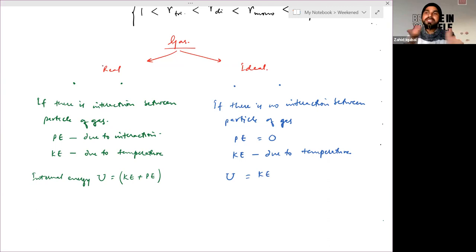If separation between particles increases, there will be lesser force of attraction between them, or lesser interaction between particles of gas. So the next question is, how will you increase the separation between particles of gas? Let me remind you, in class 9th you have done that by changing pressure we can convert the state from one to another.